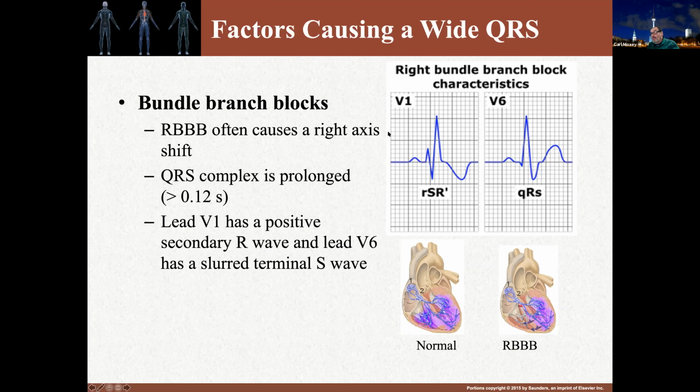Generally, in a right bundle branch block, the lead V1 will have a positive secondary R wave. So here is our positive R wave here, followed by QRS. And in V6, you notice how sloppy looking this S is at the bottom. It's called a slurred S wave.